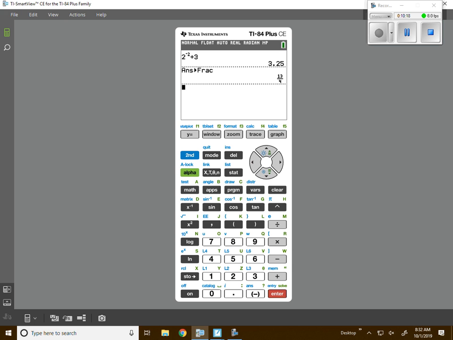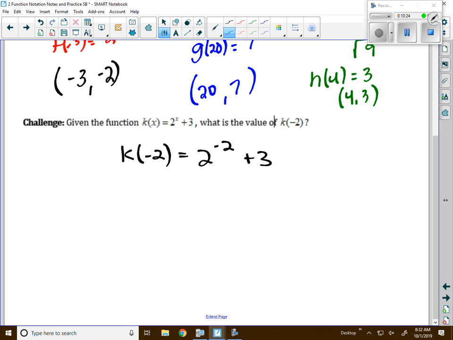Okay, so 13 over 4 or 3.25 is our answer there.